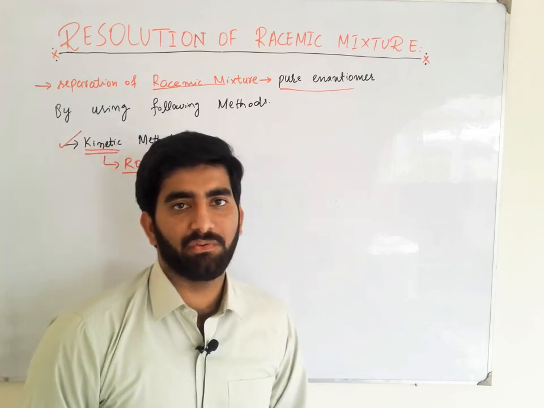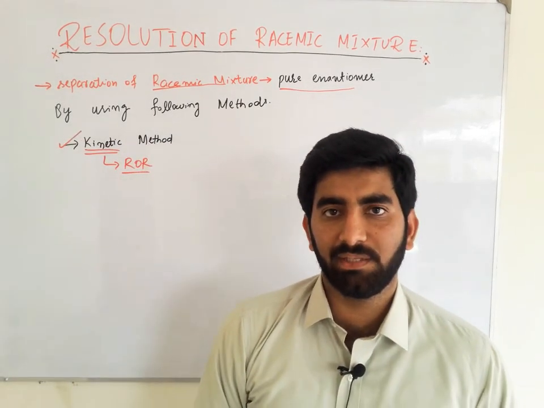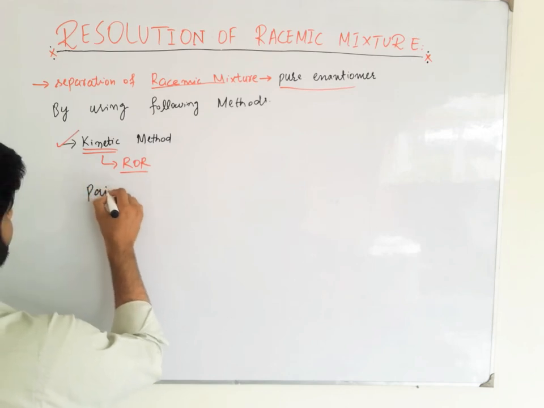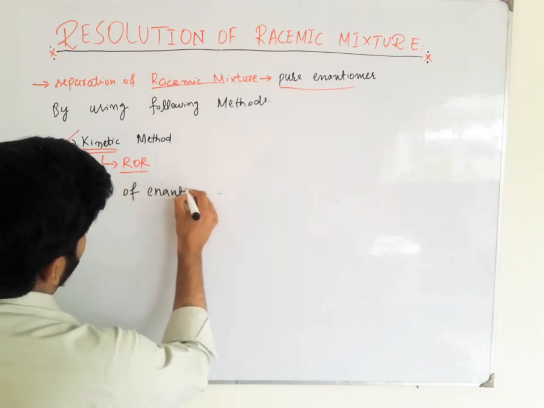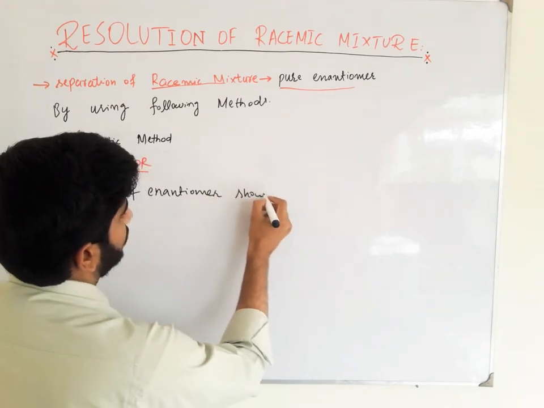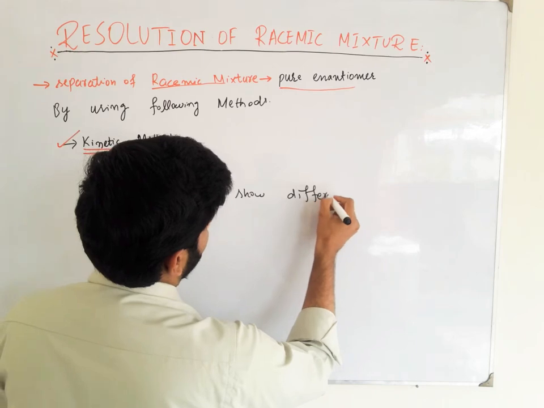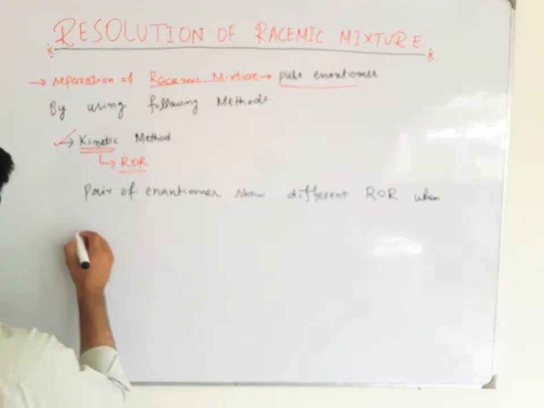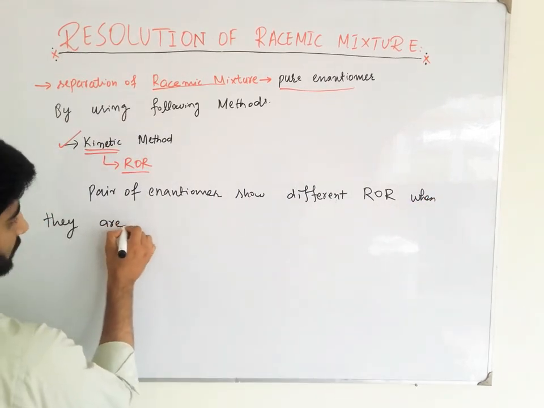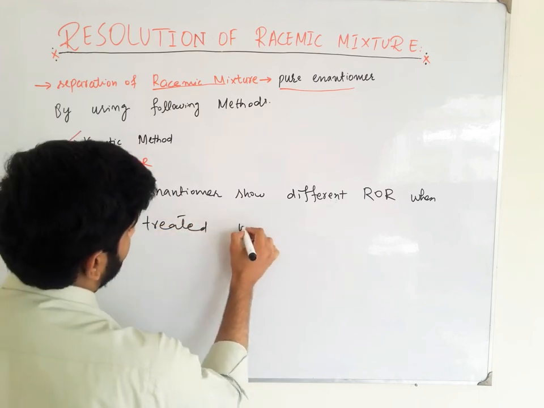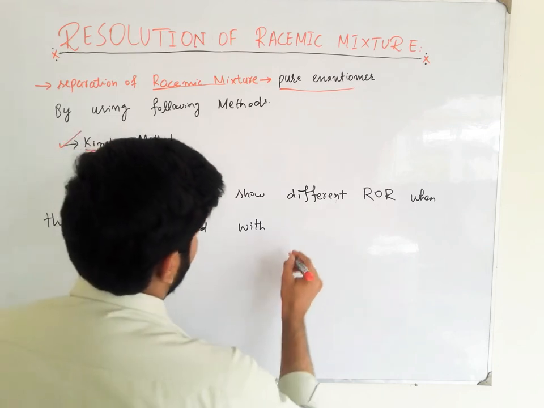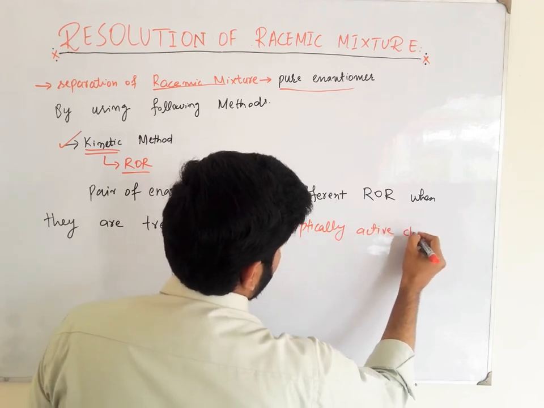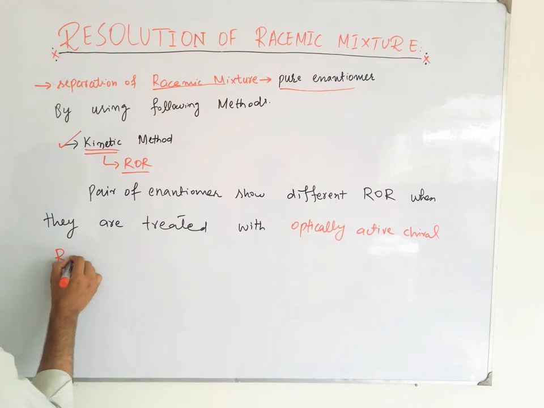As we know, a pair of enantiomers show different rates of reaction when they are treated with optically active chiral reagents.